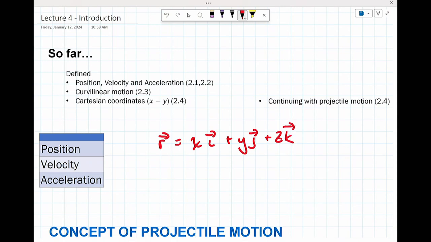So we have position, and if you look at last week, I had all sorts of forms of it. I'm just going to write a very simple form of it to start for all three of these.